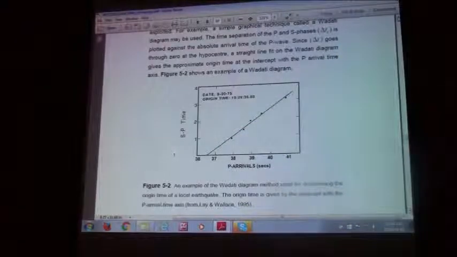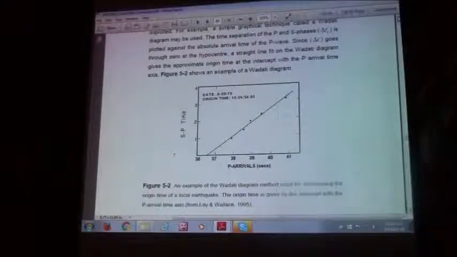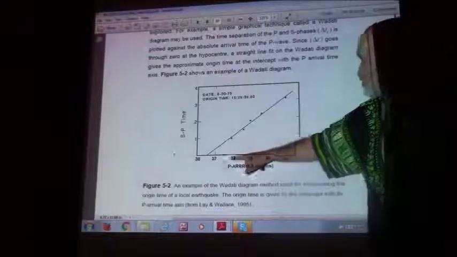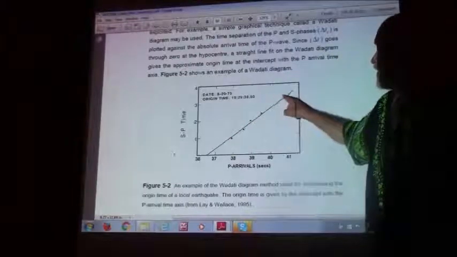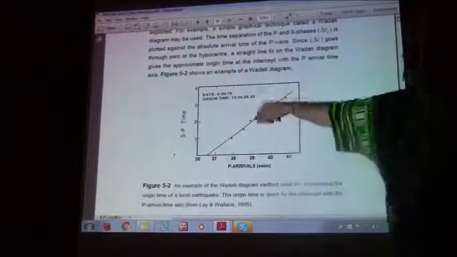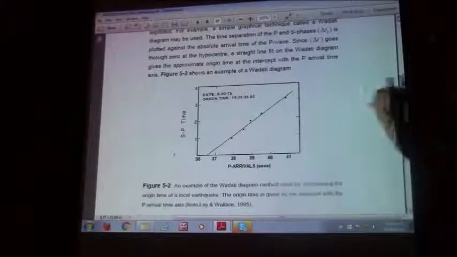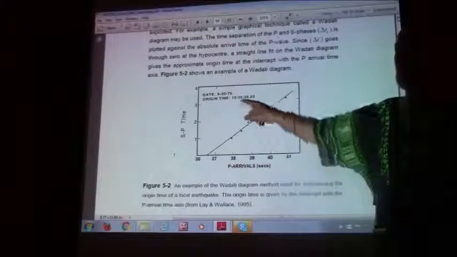And if those events are all from the same source, and they've followed more or less a straight path, if you plot your P arrival time here and your S minus P time here, they should plot along a straight line like this. Of course, there will be a little bit of scatter because there are variations in seismic velocity, but if you find a point or two that plots off here, then you know they don't belong to that system.